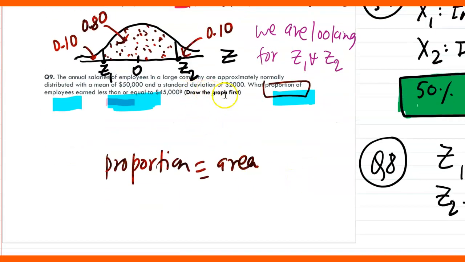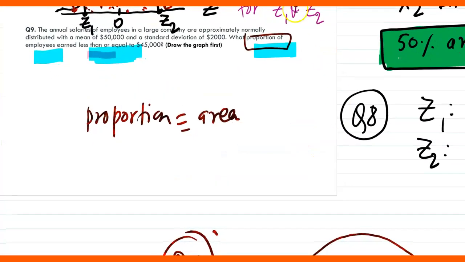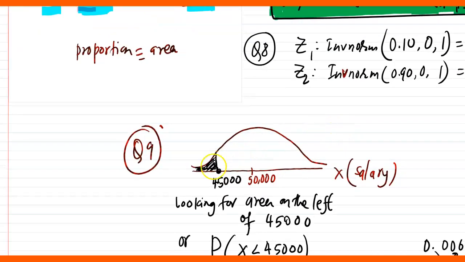Since I say draw the graph first, I want you guys to draw the graph first. That's what the graph looks like. What's the annual salary of the employees in the large electronic company? And remember, they say approximately normally distributed. Therefore, I can make the normal graph. This is the bell-shaped graph, which is called the normal graph.